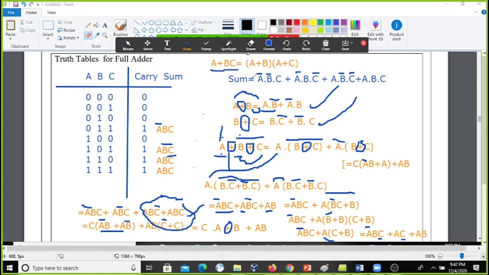When you apply the rule, you get this is equal to C into A bar plus A, B plus A, B plus A, plus AB.